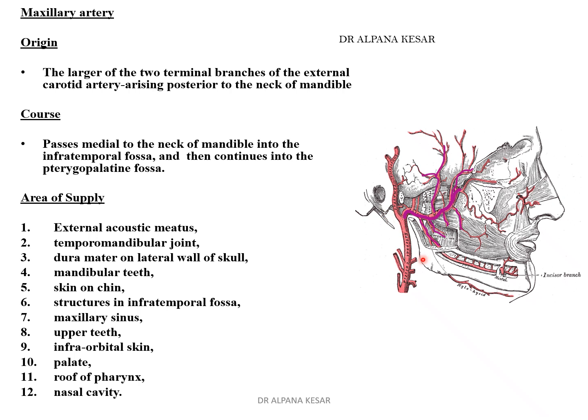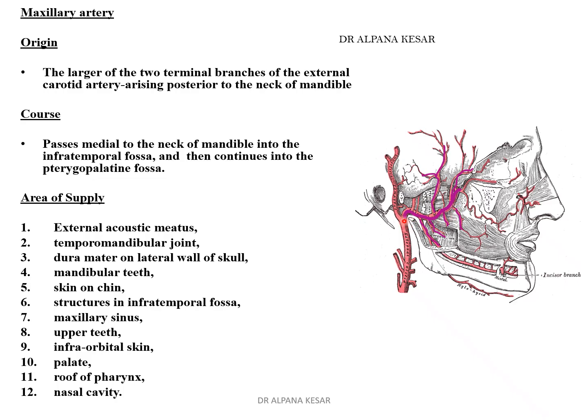Maxillary artery. This is the maxillary artery. The maxillary artery is one of the two terminal branches of the external carotid artery. It arises from the external carotid artery within the parotid gland and is the larger of the two terminal branches.